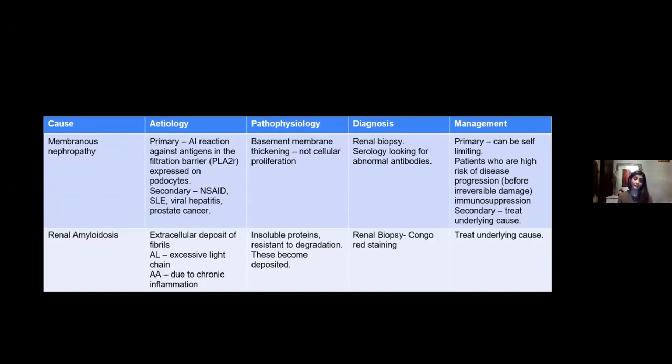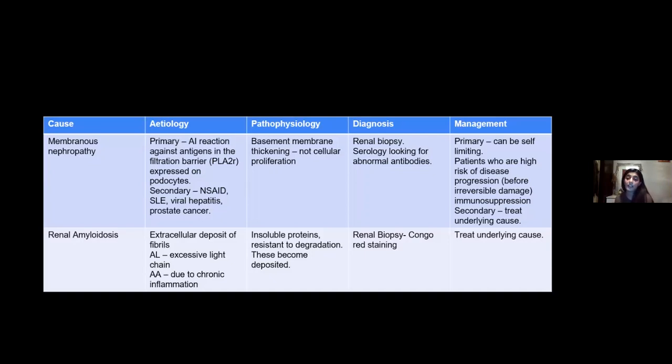This is membranous nephropathy because there's no cellular proliferation or damage going on, it's thickening of the basement membrane. Again, we will look for autoantibodies against these receptors, and we'll also do a renal biopsy to see the histopathological appearance of the kidneys to identify that it is ideally membranous nephropathy.